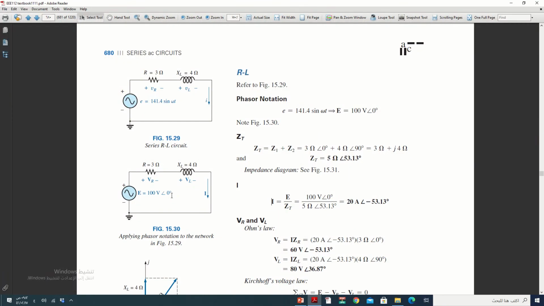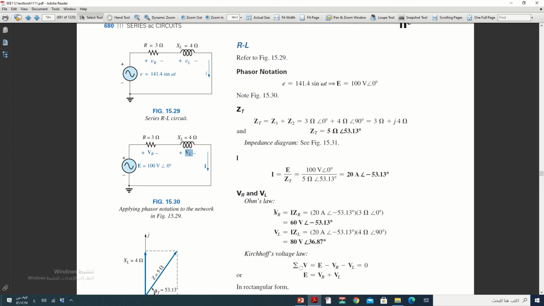Now we have the current, and the current goes through R and XL. If we multiply the current by the resistor, you will get VR. If we multiply the current by XL or ZL, you will find VL.